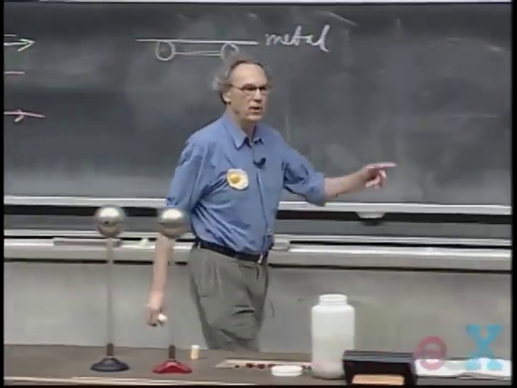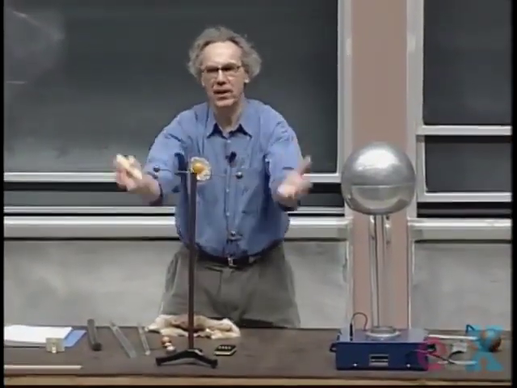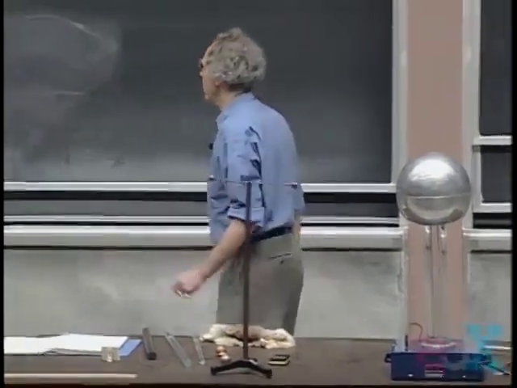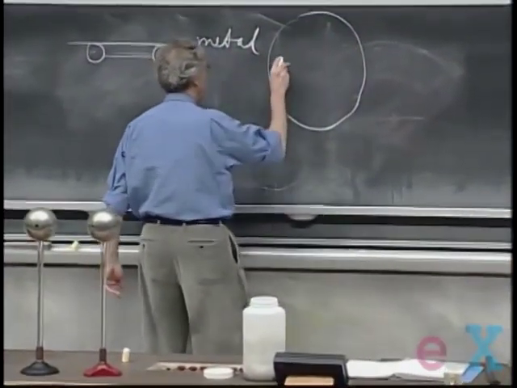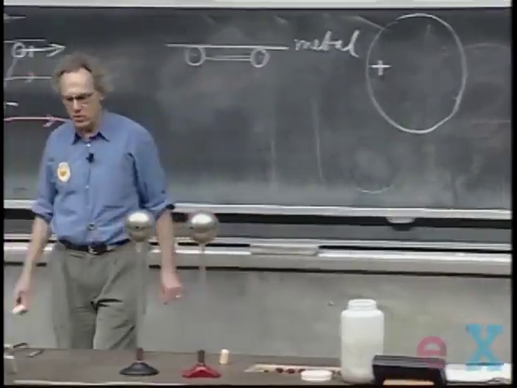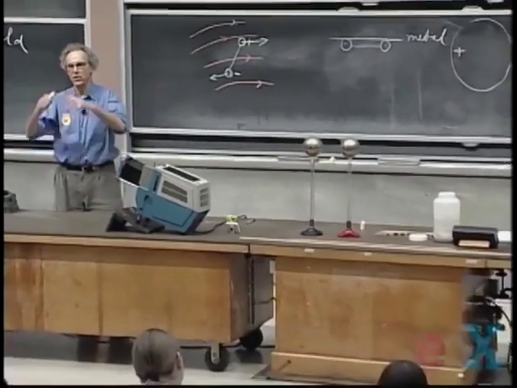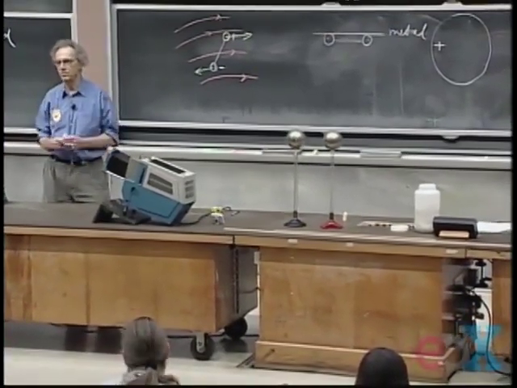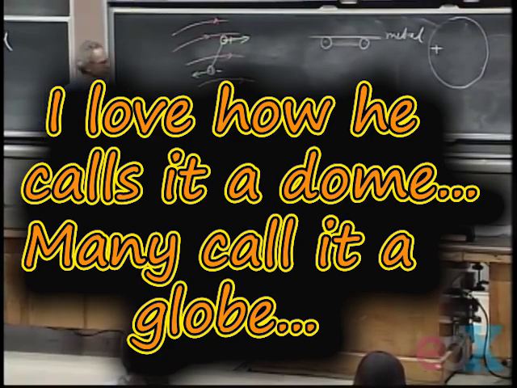I'm going to turn on the Van de Graaff here, and the Van de Graaff creates an electric field. So we have the Van de Graaff here, and let's suppose that this Van de Graaff creates positive charge. Sometimes the Van de Graaff creates positive charge on the dome, others can be designed to create negative charge on the dome. And remember, for now I assume that's positive.